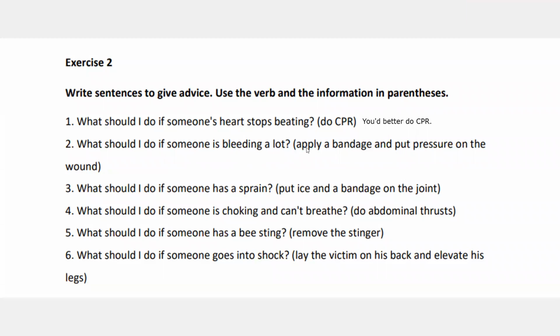So this person will probably die if you do not perform CPR, right? So we use had better because had better is for more important situations with some more negative outcomes. Correct? Yes.